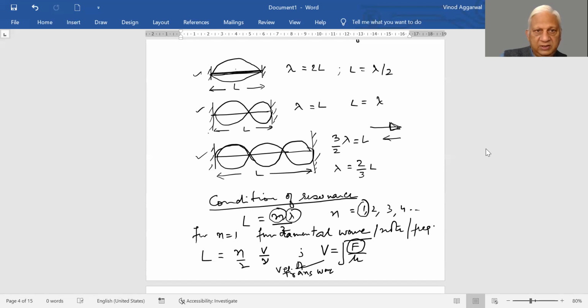If the string is stretched, obviously there will be tension. So this is the force of tension, and mu is linear mass density, for example kg per meter or kg per centimeter, whatever. So velocity will be given by this formula.